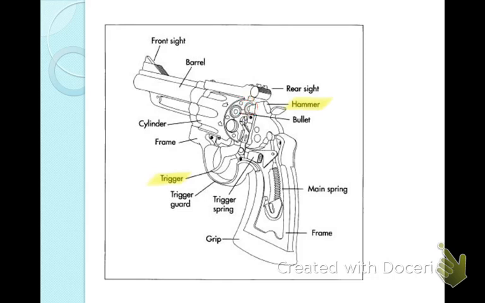The firing pin strikes the primer at the butt of the casing in that bullet. The primer ignites under pressure, and then that in turn ignites the gunpowder in the cartridge. The gunpowder explodes, and that air pressure, the gases that are produced, propel the bullet out of the barrel.